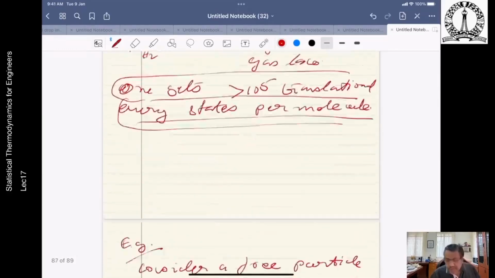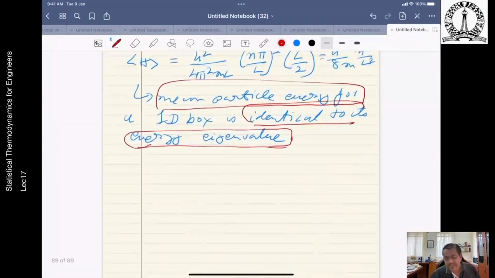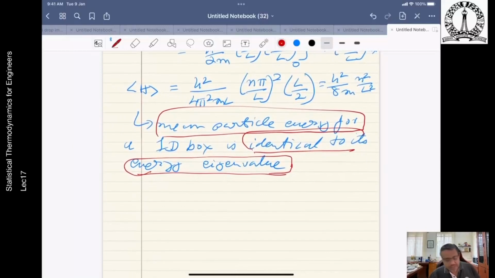There can be a very large number of energy states available, and the energy value is nothing but the eigenvalue of this particular system. But the energy is very minuscule because it depends on h squared, which is the Planck's constant, and therefore we need to look at the internal modes if we want a good idea of how to look for spectroscopic evidence of the same.